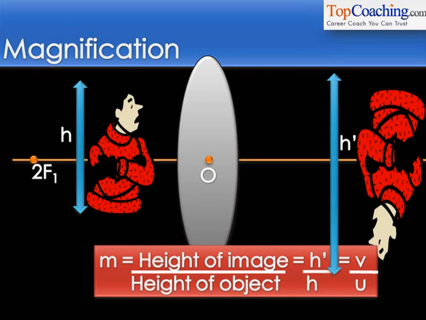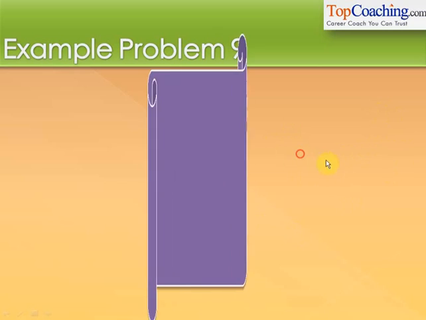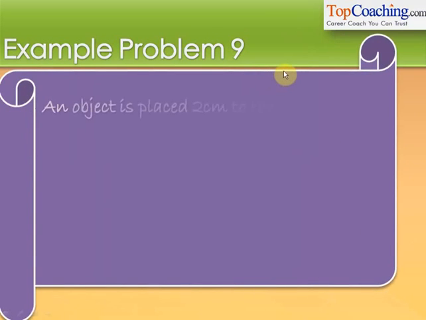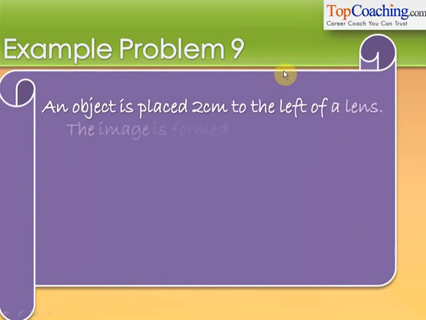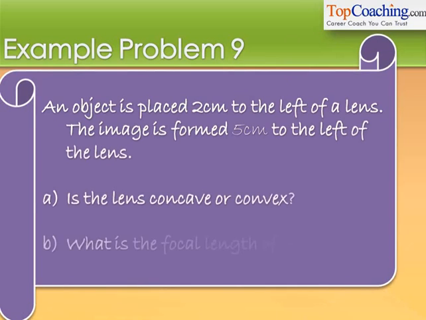Let's solve a problem to understand more about magnification and about the lens formula. Here's an example problem. An object is placed 2 cm to the left of a lens. The image is formed 5 cm to the left of the lens. Some options are given.